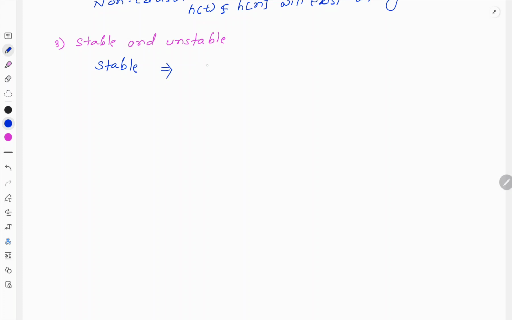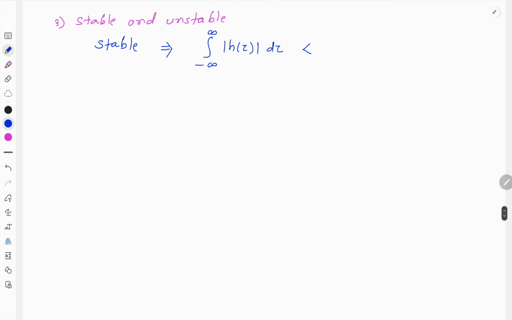This condition states that if we integrate the impulse response of the system from minus infinity to plus infinity, the result should be finite, meaning it should be less than infinity. So if the integral of the impulse response is finite, the system is a stable system. Similarly, for discrete notation, the summation over k equal to minus infinity to plus infinity of mod of h of k should be less than infinity.